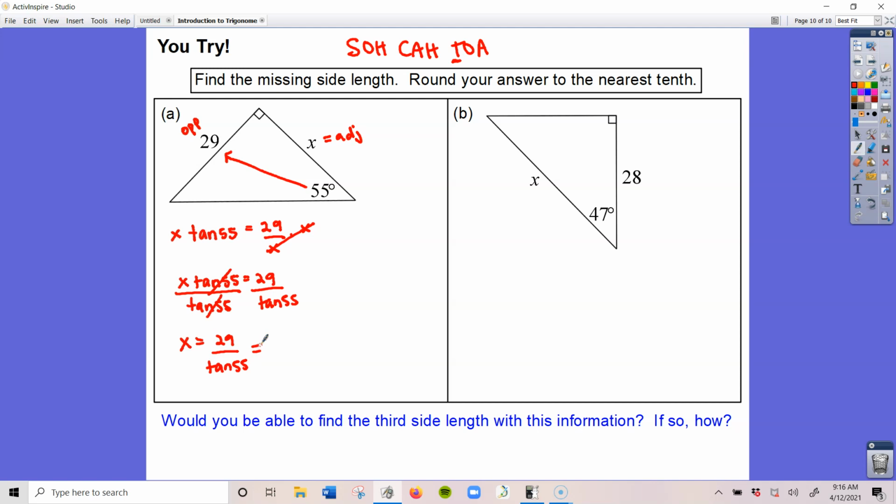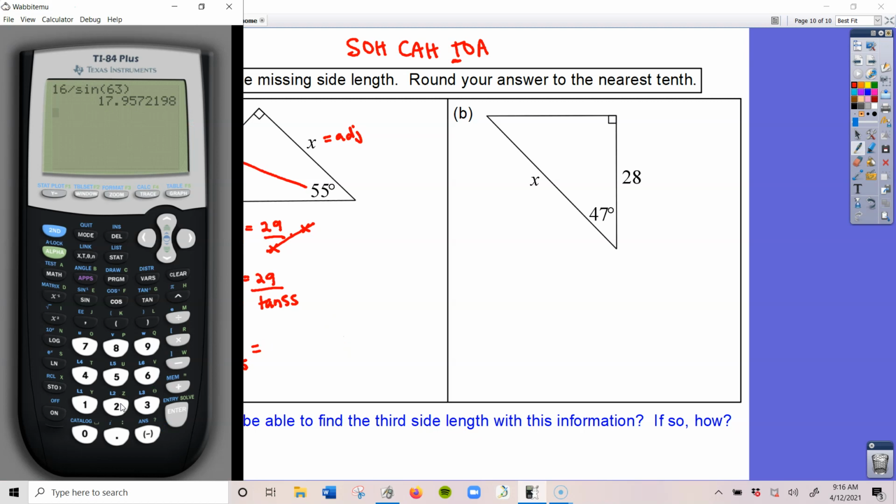Once you have your equation set up for x, we're going to go to the calculator now and work that out. 29 divided by tangent of 55. And that's going to equal 20.3, since we are rounding to the nearest tenth.